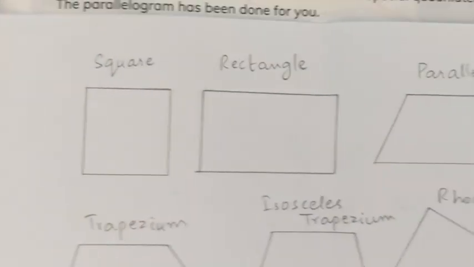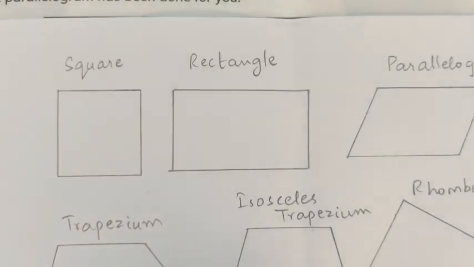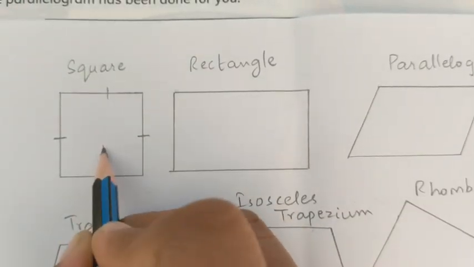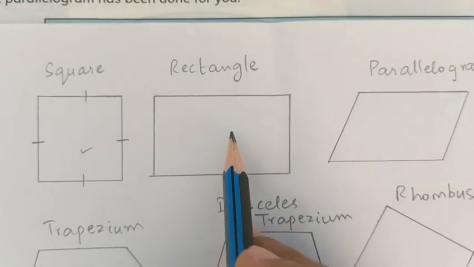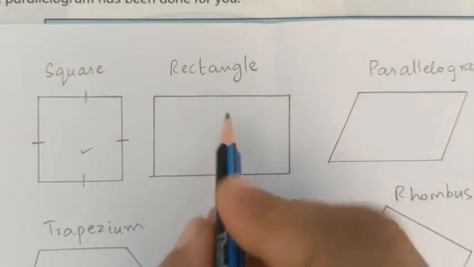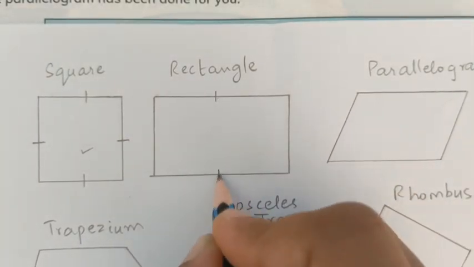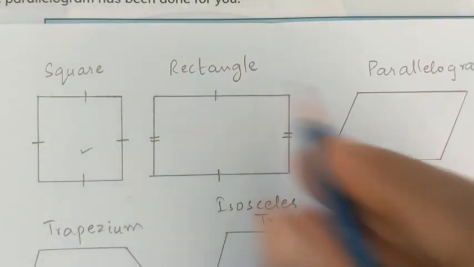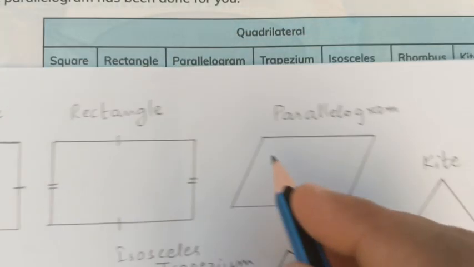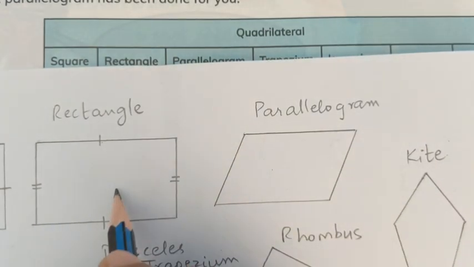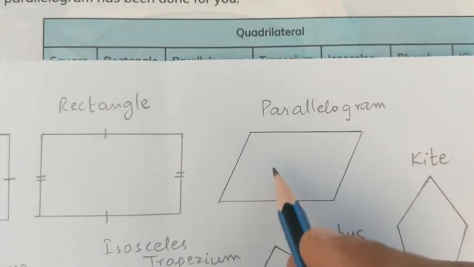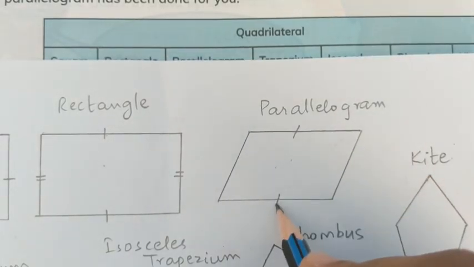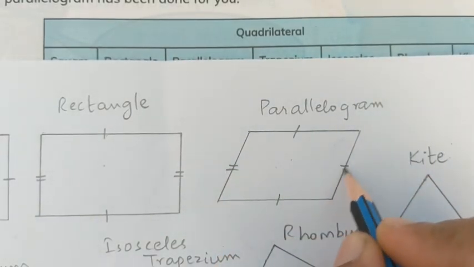Here we have a few figures. If we talk about a square, in a square all four sides are equal. But in a rectangle, not all four sides are equal, only the opposite sides are equal. So this characteristic is not found in a rectangle nor in a parallelogram. The characteristic of having opposite sides equal is found in a rectangle and a parallelogram, that is, the opposite sides are equal.